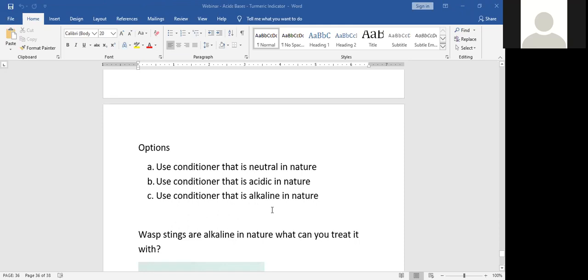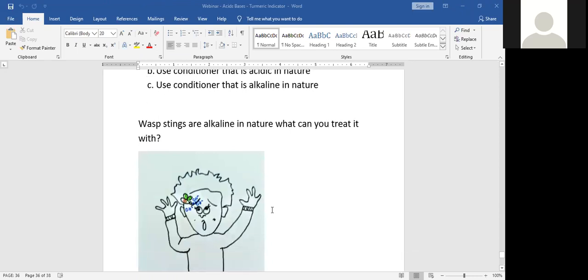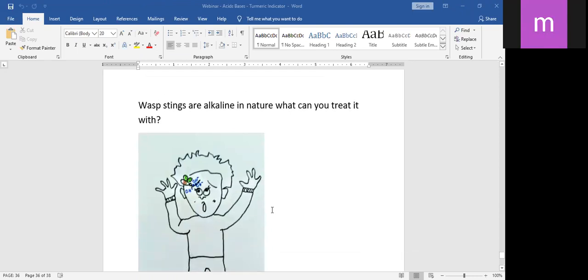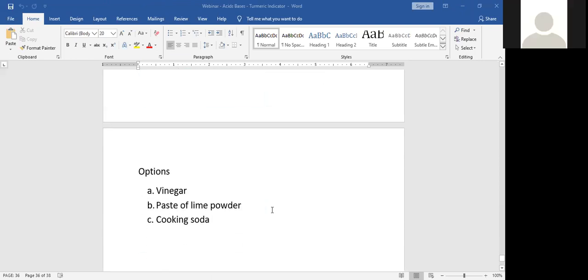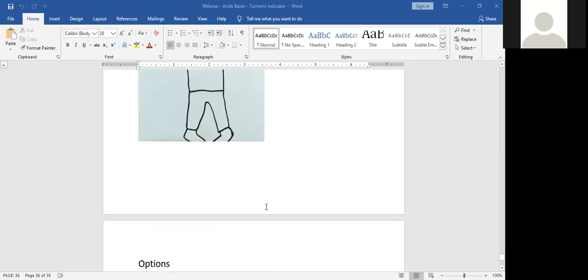What can you treat it with? Now people are not waiting for options. Most of them have already written an acid. Oh, wait. A couple of people have said option B. Maybe I should show the picture again.